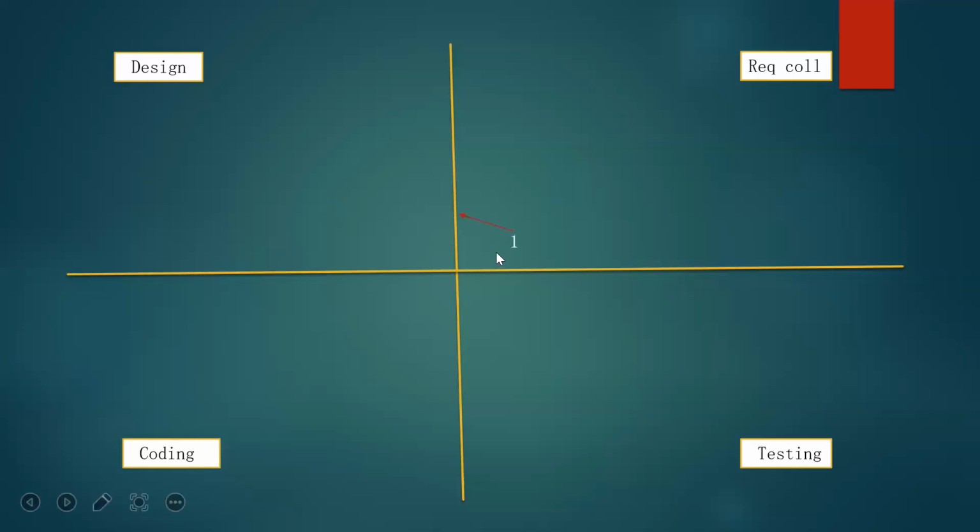Once the requirement is collected, it will obviously move on to the design phase, and the designing will take place. After the designing, we'll move on to the coding phase, and the coding will be done.